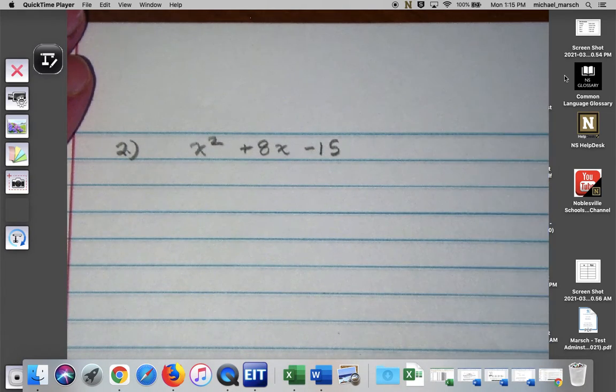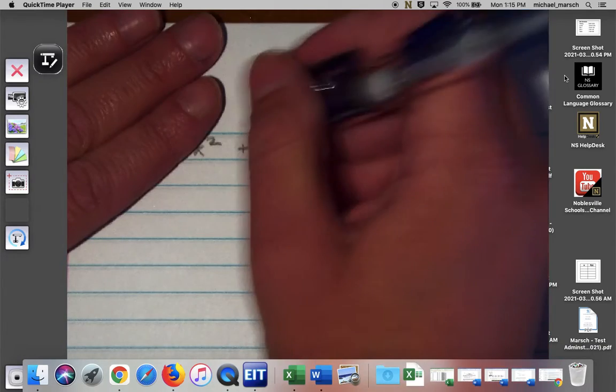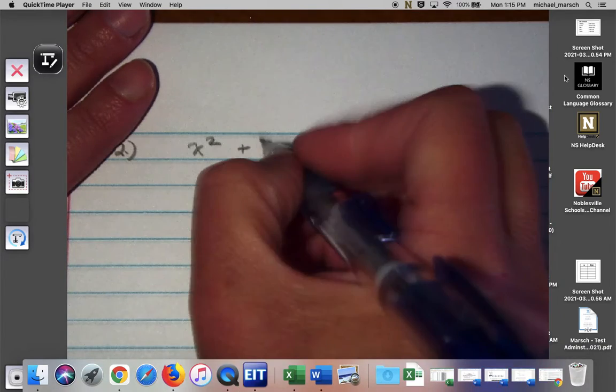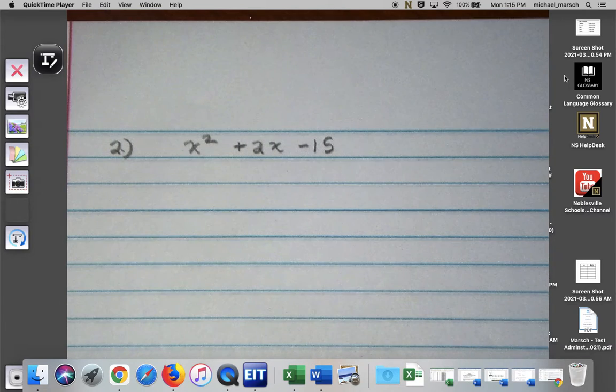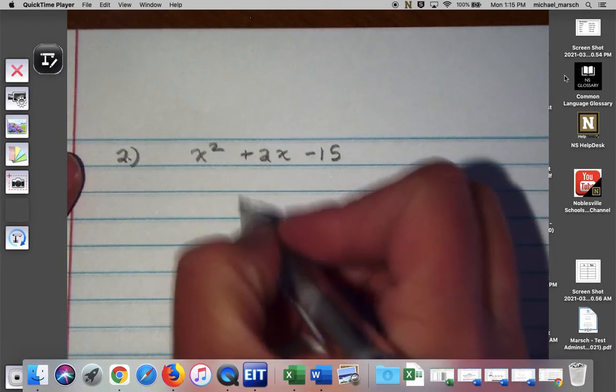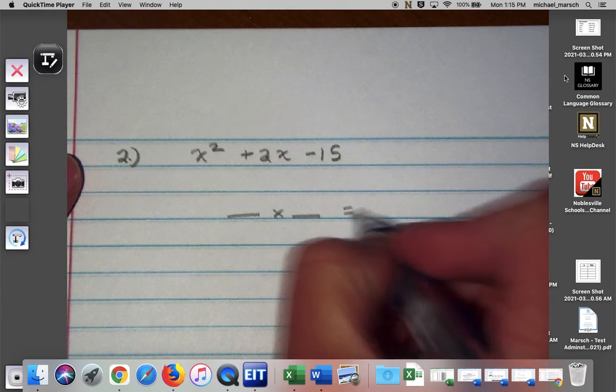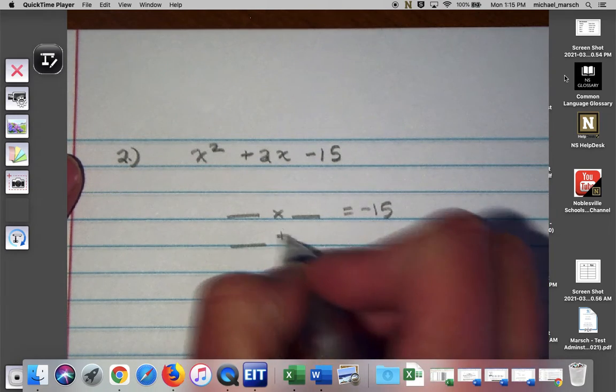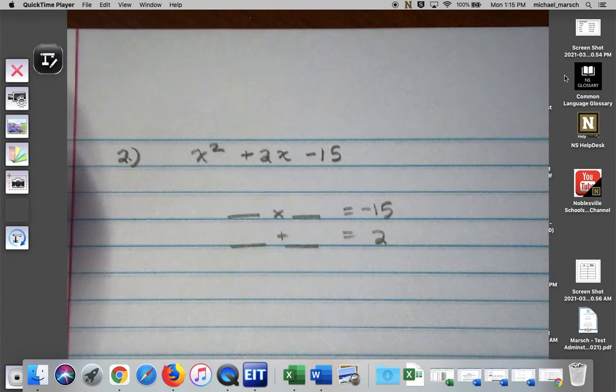That doesn't make sense. Hold on. Plus 2x. There we go. So I can ask myself, what times what equals negative 15? What plus what equals 2?